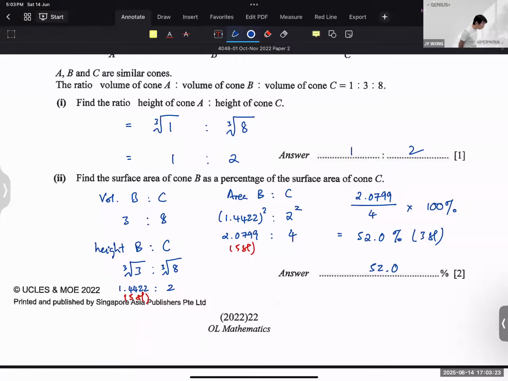Based on your method, you don't get a 0.0, right? You get an exact value, right? 52, right? Then you just write 52. The exam question does not expect you to work in surds, so most students, if you are E-math, you would actually go and find the numerical value. But if you use the exact value, you would have found the answer is exactly 52%. But Cambridge will accept 52, accept 52.0. They won't penalize you for this kind of thing. Because you are not expected to be able to use the exact value.